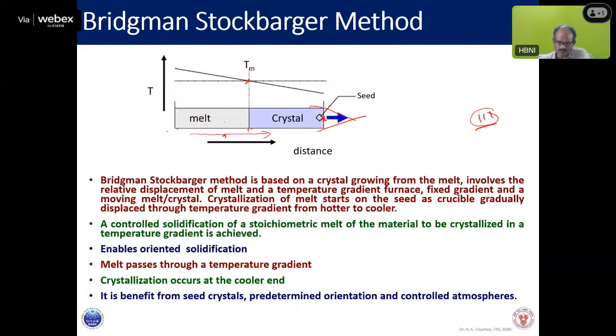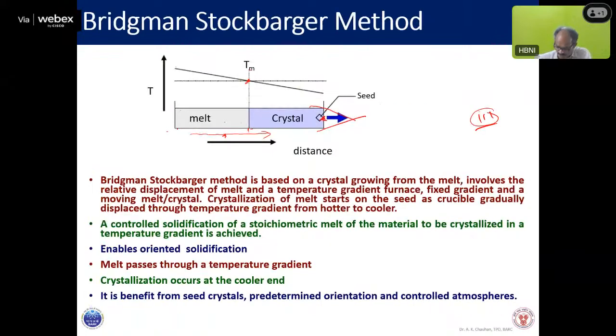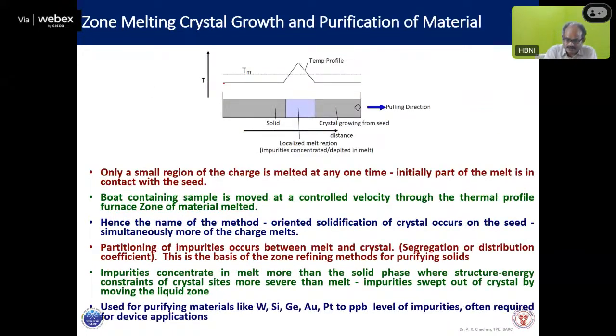So generally in this horizontal method, a seed is used, but even if you don't use a seed, in some cases the crystals are grown. Then next comes the zone melting crystal growth and purification method, which is almost similar to the previous method. The only thing is that the gradient is like this.